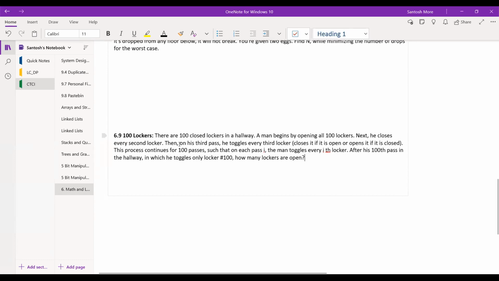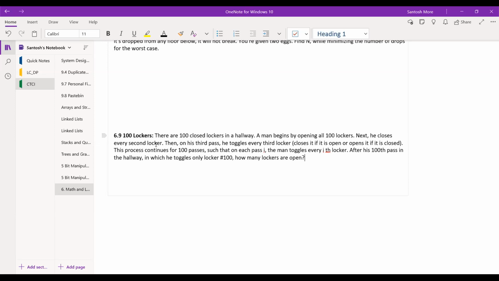It says suppose there are 100 closed lockers in a hallway, and a man begins by opening all the 100 lockers. Next he closes every second locker. Then on the third pass, he toggles every third locker.